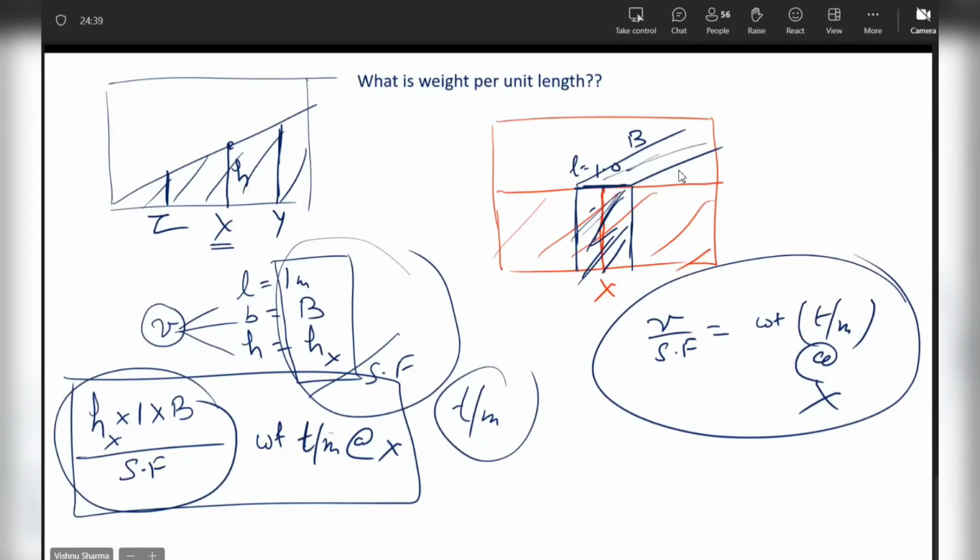Guys, in a sloping cargo, how we will find the weight of the cargo per unit length at any point, is that clear? It is the height that will be the deciding factor, right? Am I clear, guys? Please confirm. Yes, sir. Okay, so now we go to the next set of questions.